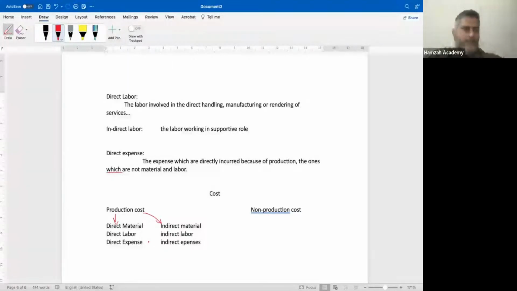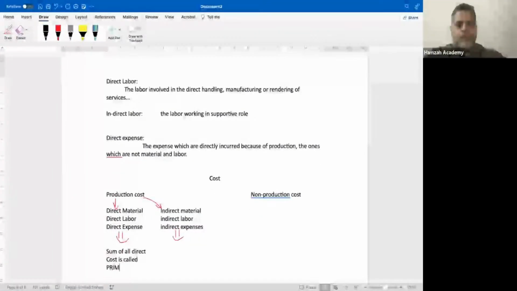So technically, if we add, okay, let me just graphically show you over here as well. Now, the sum of all direct cost is called prime cost.